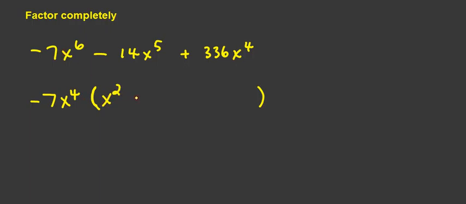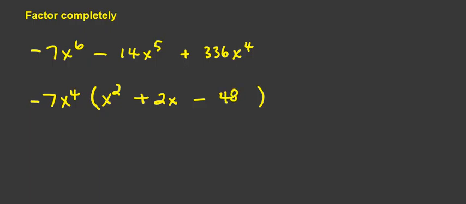Since we factored out a negative, this sign is going to change from subtraction to addition. Take the 7x to the 4th, divide it into the middle term, and you get 2x. This sign changes from plus to minus because we factored out the negative. And 7x to the 4th divided into this gives us 48.